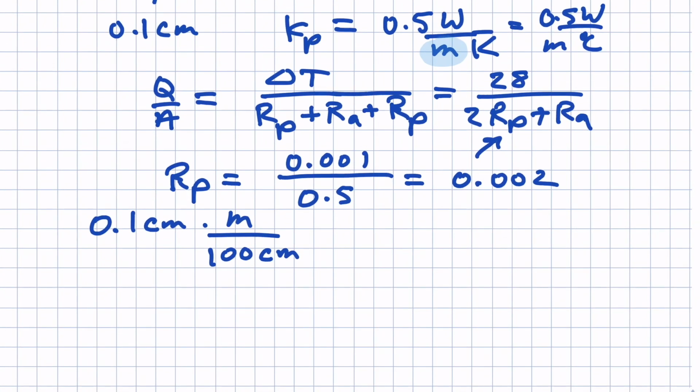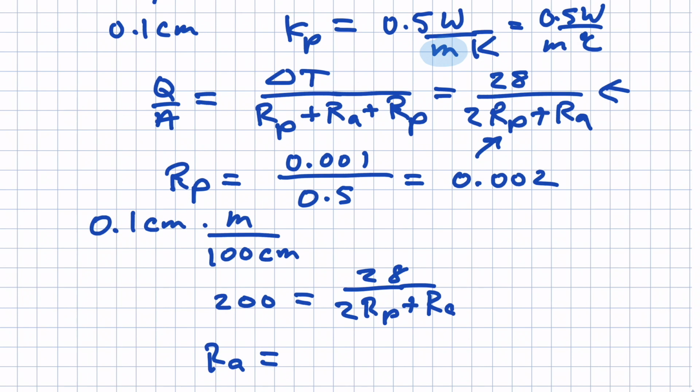All right, so then that lets us solve for RA. Doing a little algebra here, we know that Q over A is 200. This would be 28 over 2 RP plus RA. All right, solve for RA.